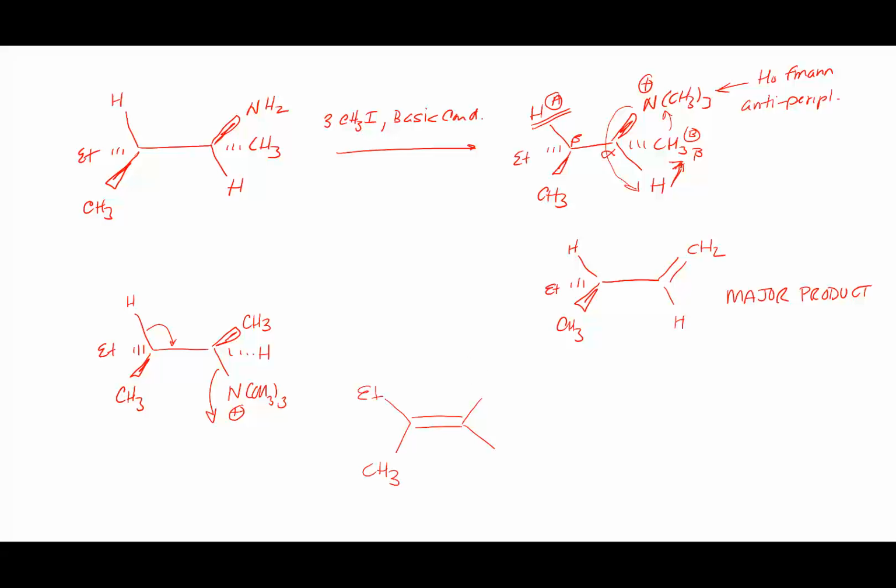And then cis to the ethyl group is the hydrogen, and cis to the methyl group is the other methyl group. So this would be the second major product.